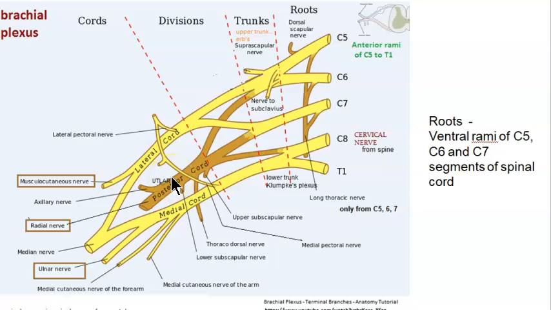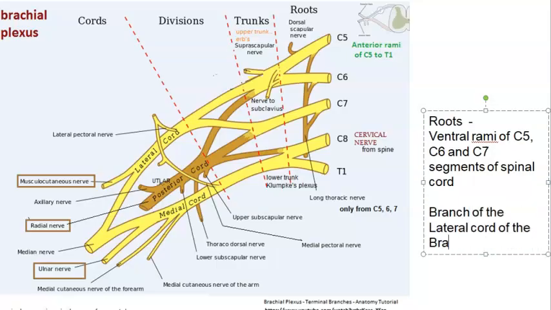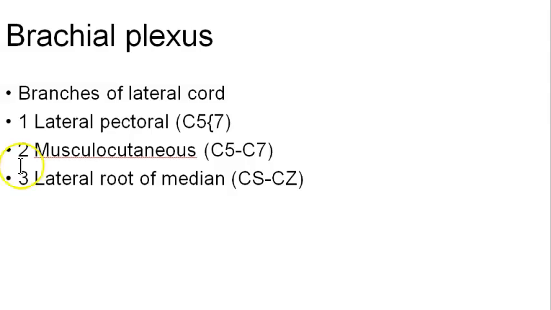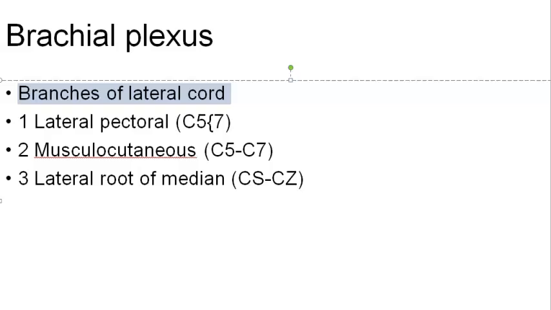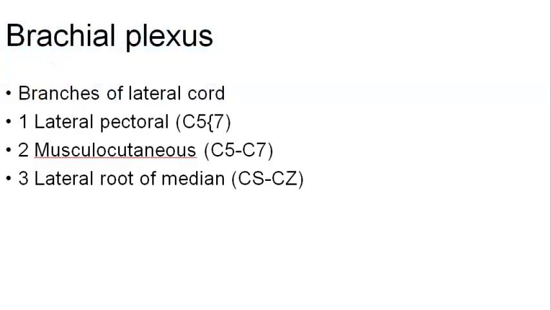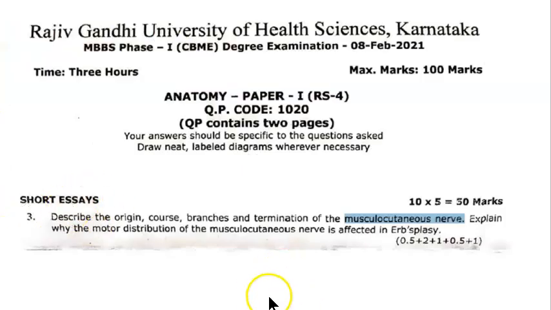So the ventral rami of C5, C6, C7 segments of spinal cord, and it is a branch of the lateral cord of the brachial plexus. Very good. So half mark you got.